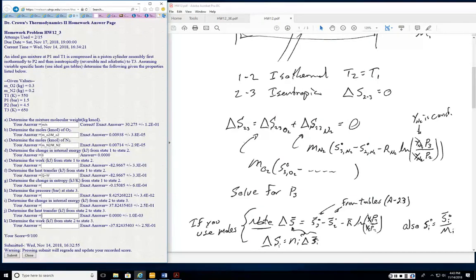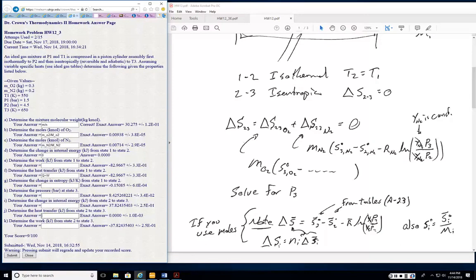Our unknown here is P3, so we'll have this whole term and a P3 in it. Everything else will be numbers. And then this whole term for the oxygen, everything in it will be numbers except P3. And so we have this big expression with one unknown in it, P3, and it equals 0. And then we just solve for P3.